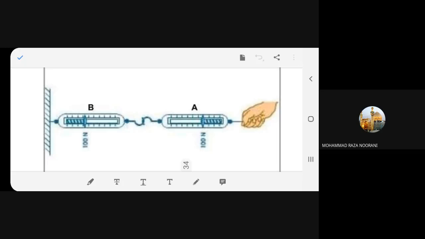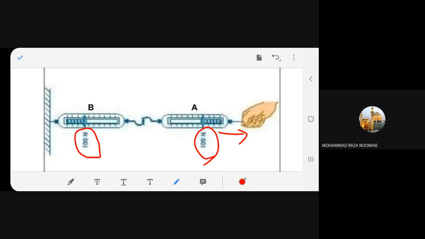Now what has to be done? We are applying a force. We are pulling it. When we pull it, we can see the markings on both the spring balances are the same. You saw this?